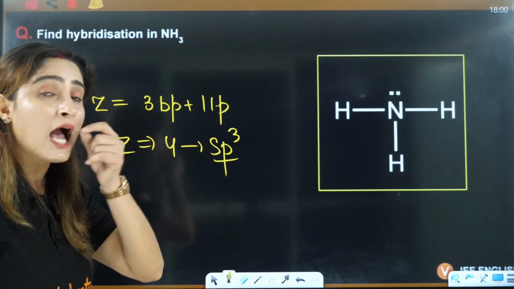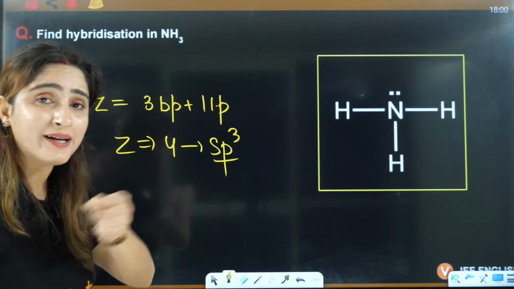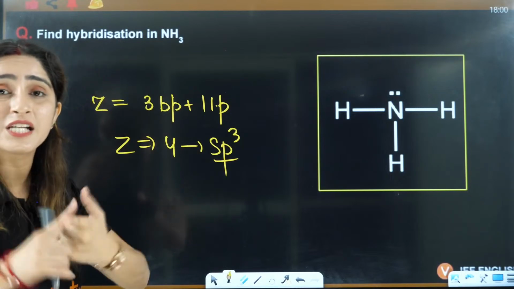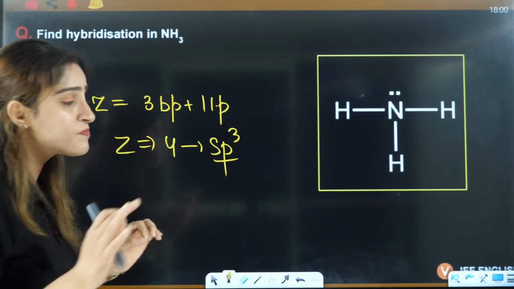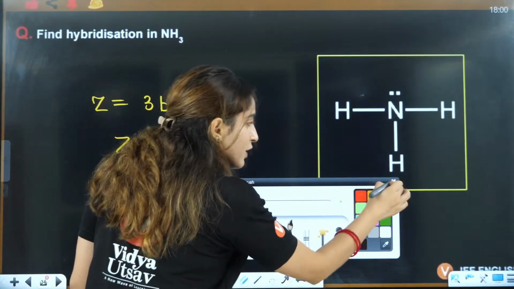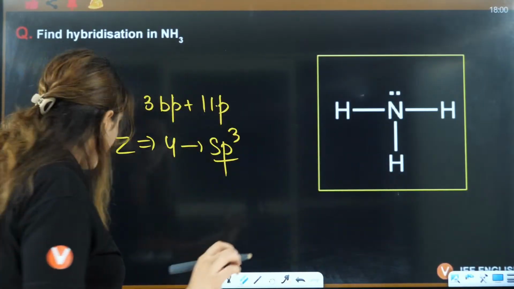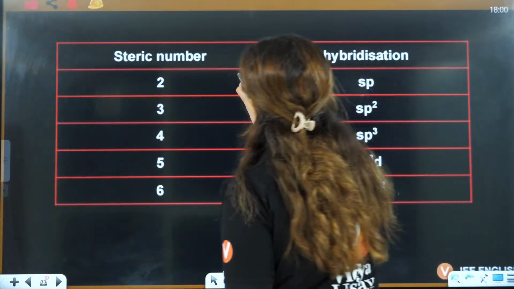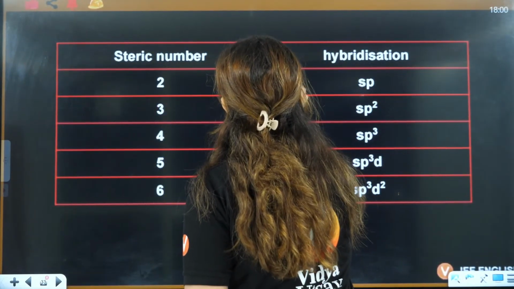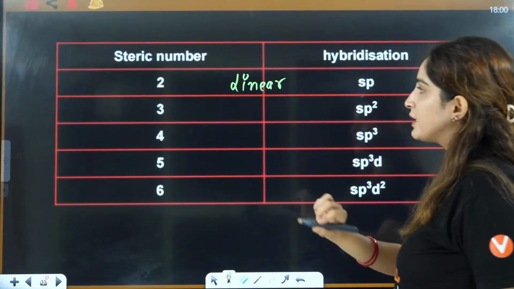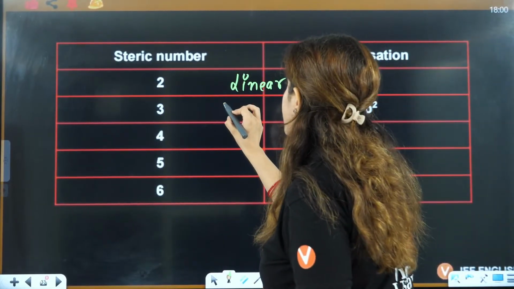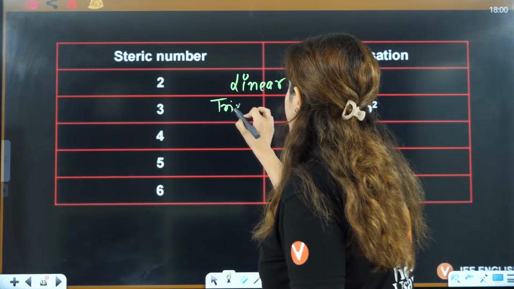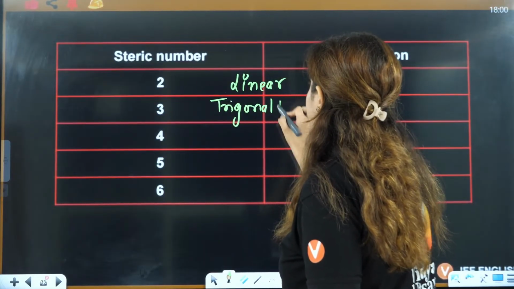And that is why I am only talking about the geometry, not the shape. Shape and geometry are different. Till today we are only talking about geometry. Now I'll write it here. Belonging to sp, you have linear geometry. Belonging to sp2, you have trigonal planar geometry.